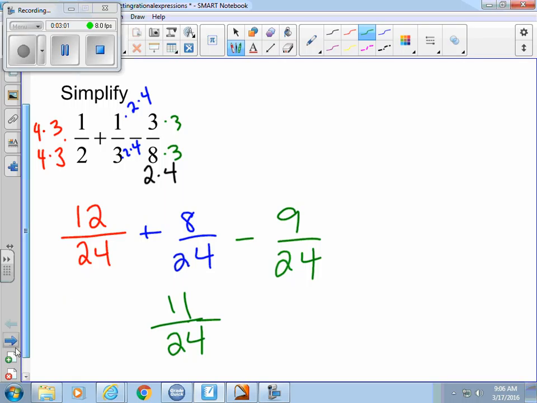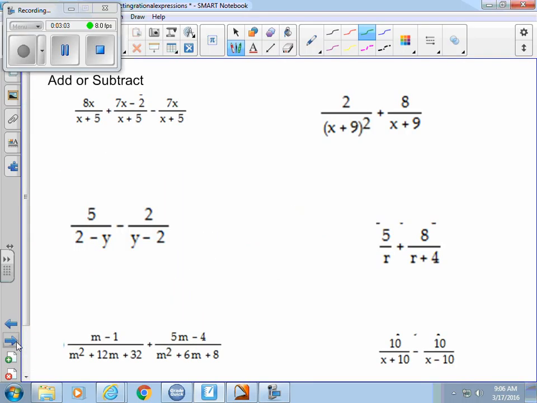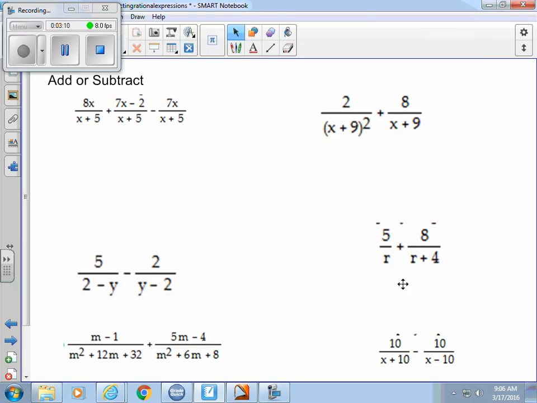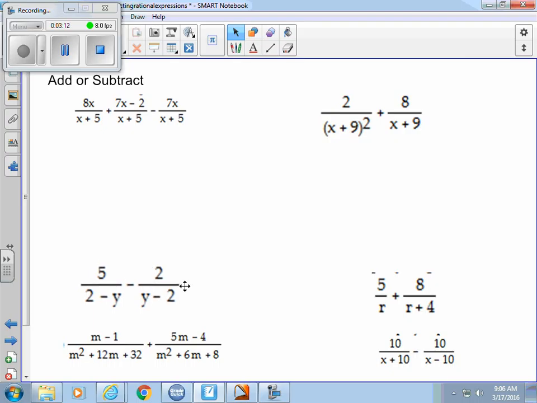All right, so now we're going to work with things with letters in them. What do you notice about the first set of fractions there? They all have the same denominator, so what do I need to do? Just add across the top, right?